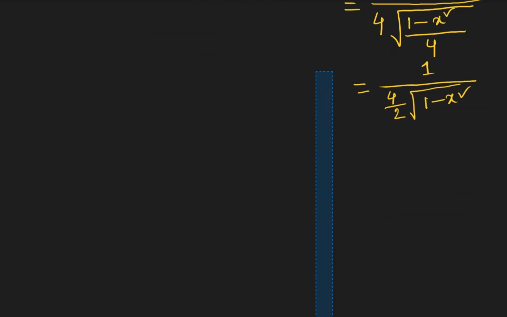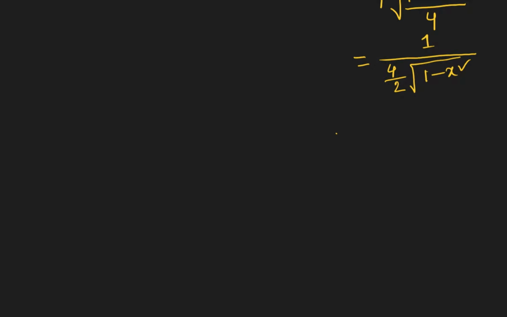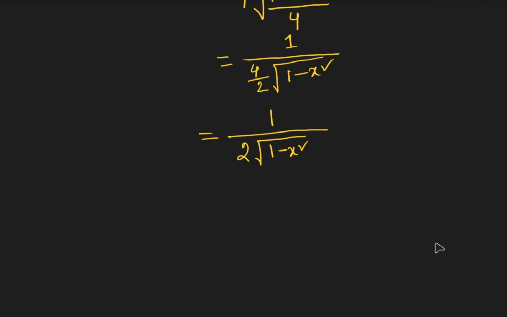So the following line will be 1 over 2 times square root of 1 minus x square, right? So this is actually the final answer of dy by dx. Let's check. So this is the final answer, right?